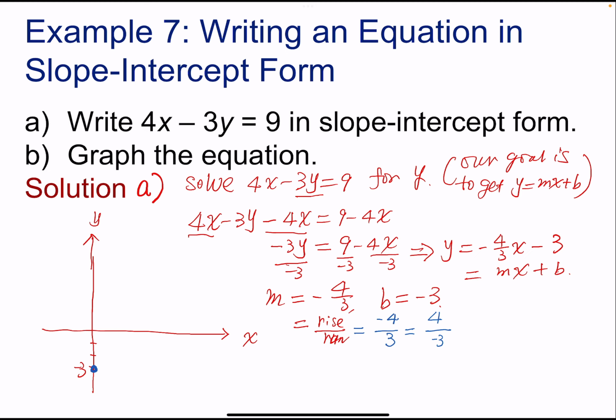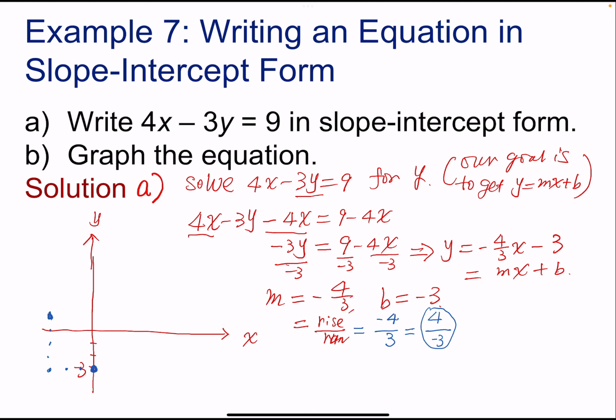So let me do this. If I run by negative 3, meaning I go left by 3 units, so 1, 2, 3, and then I rise by positive 4, so 1, 2, 3, 4.